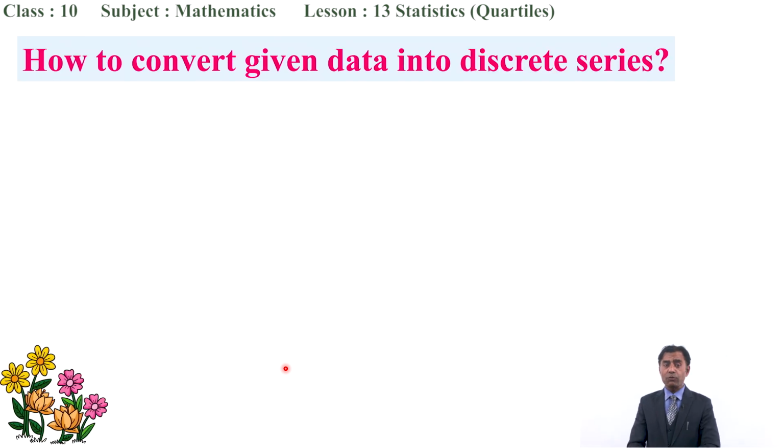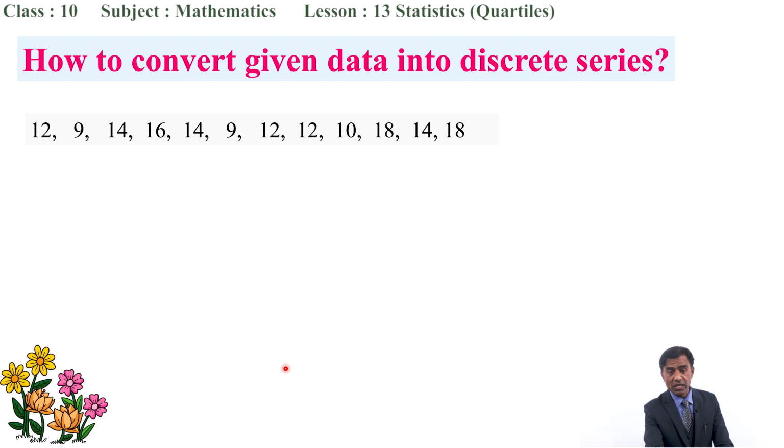Okay, now the question is how to convert the given data into a discrete series. Let's see the same data: 12, 9, 14, 16, 14, 9. These are the marks obtained by 12 students in their test.